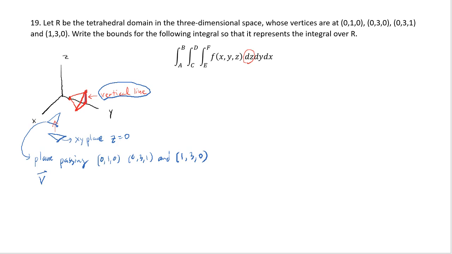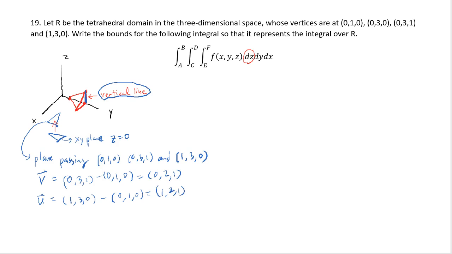V is terminal minus initial, so it's 0, 2, 1. And let's say U is terminal minus initial: 1, 3, 0 minus 0, 1, 0. So it's 1, 2, 0.